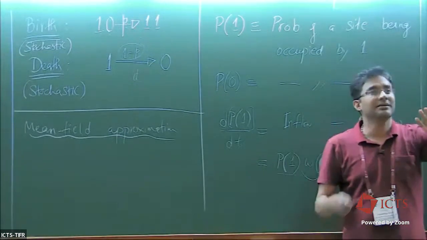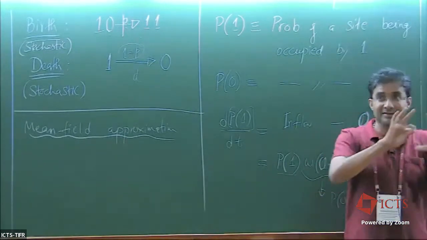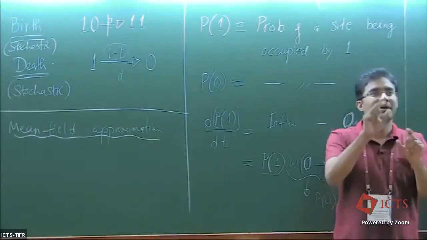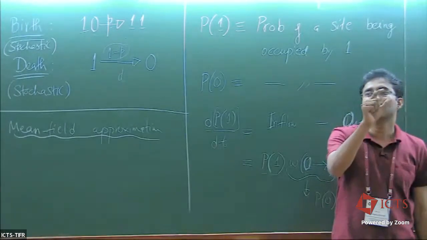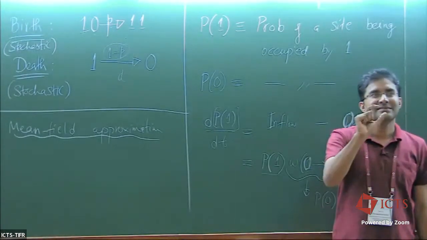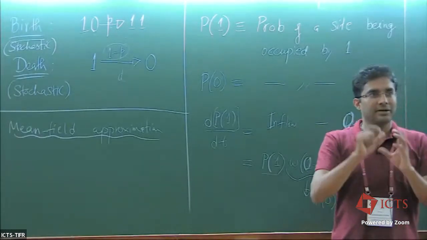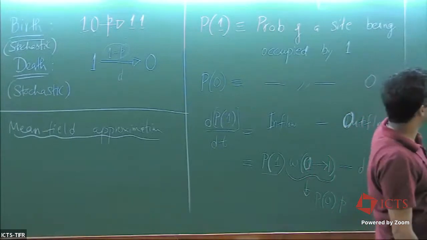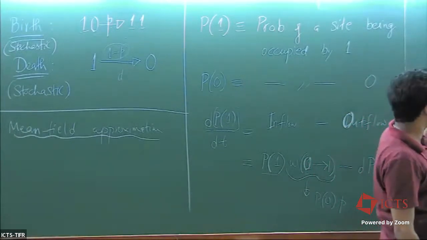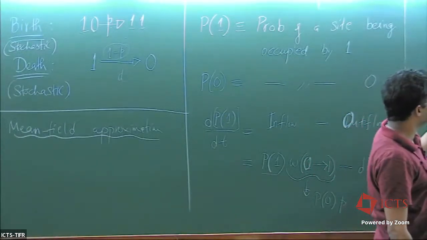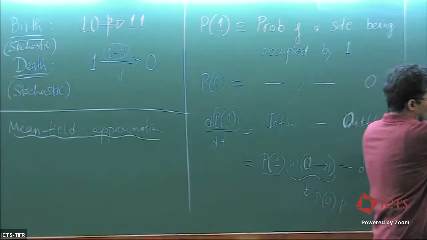So I have assumed that whatever is applicable for the entire landscape is applicable to two neighbors, which means I have ignored the spatial correlations. So when I'm doing this calculation here, I'm going to assume that P of 1 is rho, which is fine. But P of 0 in the neighborhood of 1 is 1 minus rho.